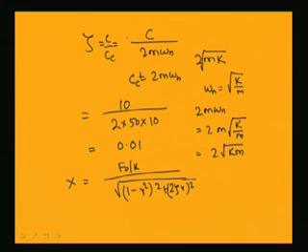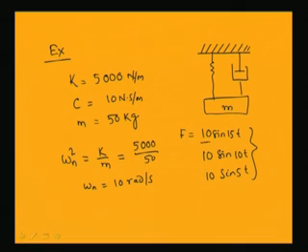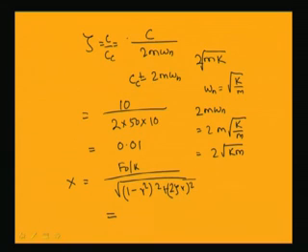If you substitute all these values, in the first case you can substitute f equal to 10 and omega equal to 15. So, r in the first case will be equal to omega by omega n. So, this will be equal to 15 by 10, which is equal to 1.5.